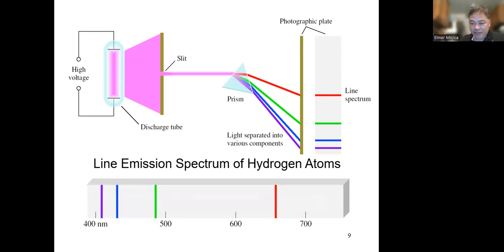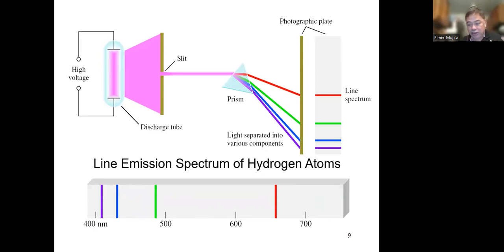Okay? So for instance, hydrogen: you have a hydrogen lamp, you look at the spectroscope, and you see this being emitted. Einstein proposed that this is the emission spectrum of the atom.